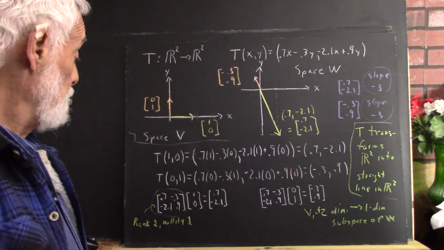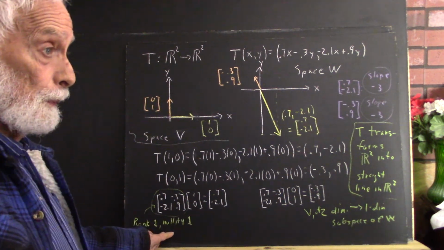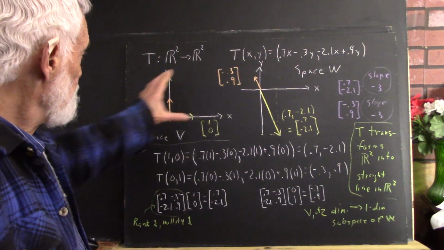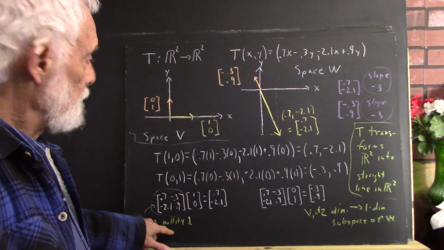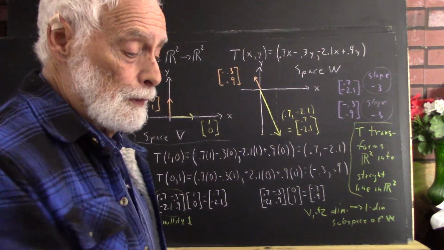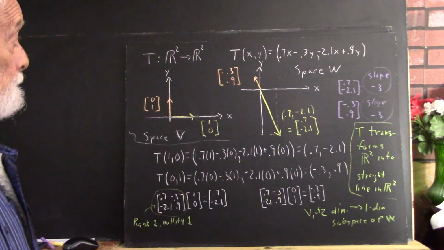That's what the rank tells you. And the nullity is 1, meaning that there's a whole subspace over here that maps onto the 0 vector. Well, we'll follow up and we'll see how that works for this simple example.